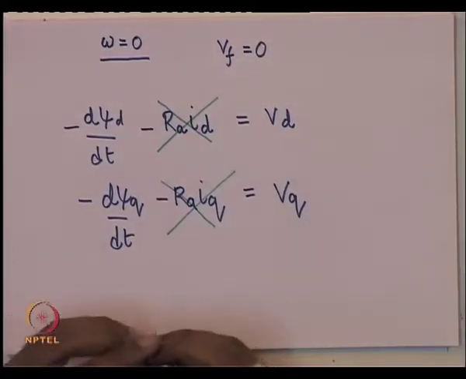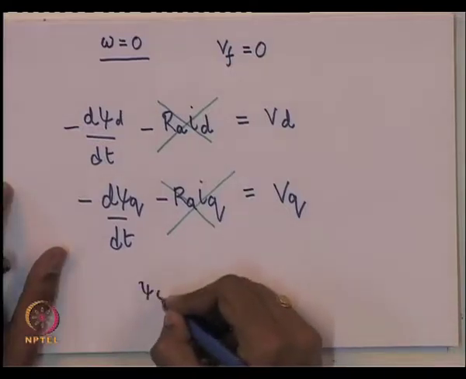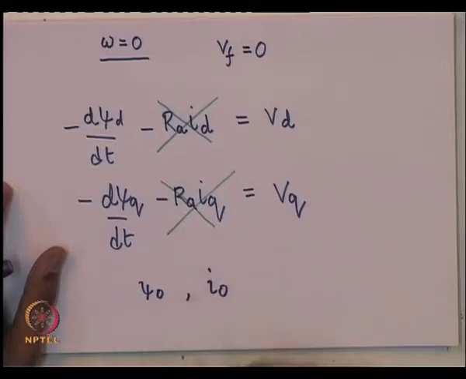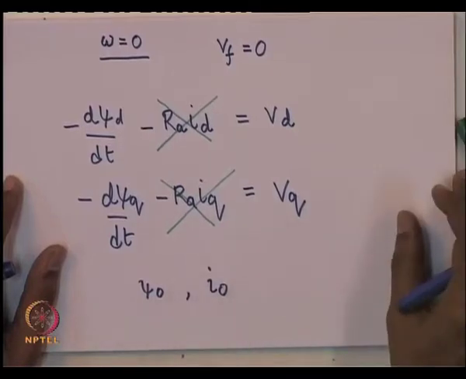We shall arrange our tests in such a way that the 0 sequence fluxes and currents are 0, so we do not have to bother about the 0 sequence variables here.